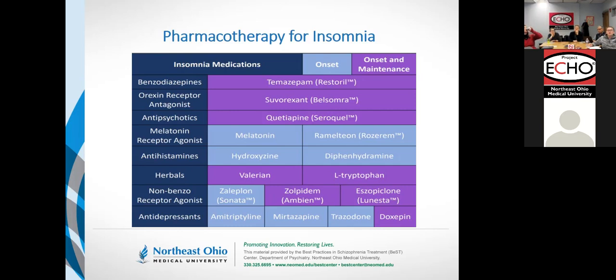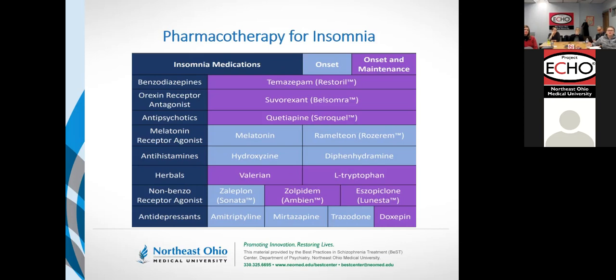And melatonin, just for physiology's sake, is released by our pituitary gland, I believe, which then helps the brain distinguish night from day, and that's what sets our circadian rhythm. So a release of melatonin is what will let us know that it's time to shut the brain down and that it's sleep time.